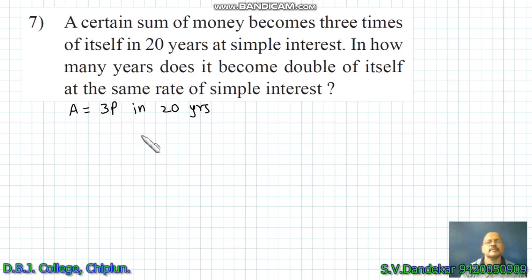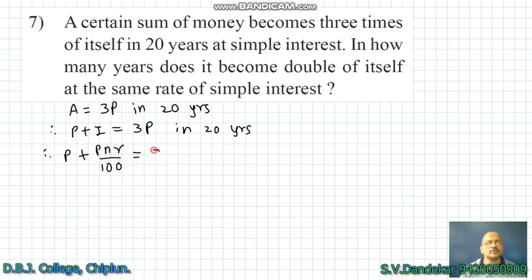A means P plus I is equal to 3 times P in 20 years, and therefore P plus PNR upon 100 is equal to 3 times P in 20 years.